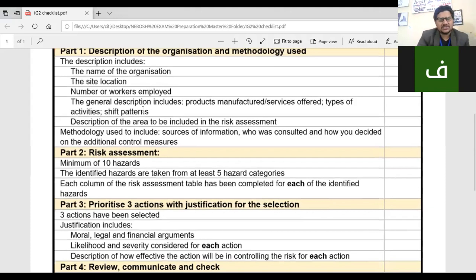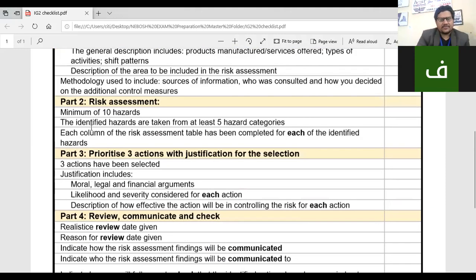Now, part two is the risk assessment, with a minimum of 10 hazards. The identified hazards are taken from at least 5 hazard categories, which were highlighted before. And each column of the risk assessment table has been completed for each of the identified hazards. That means no missing column. Every column you have to fill for sure.